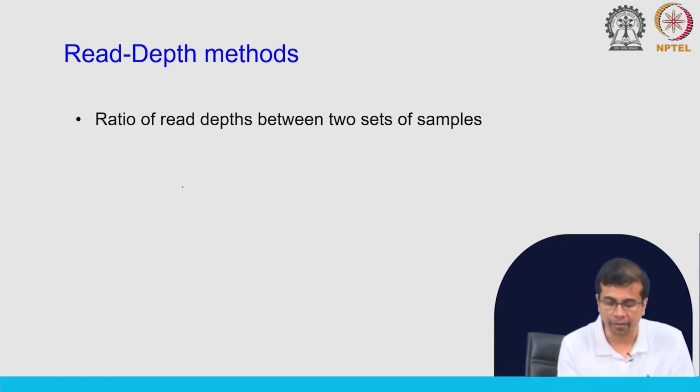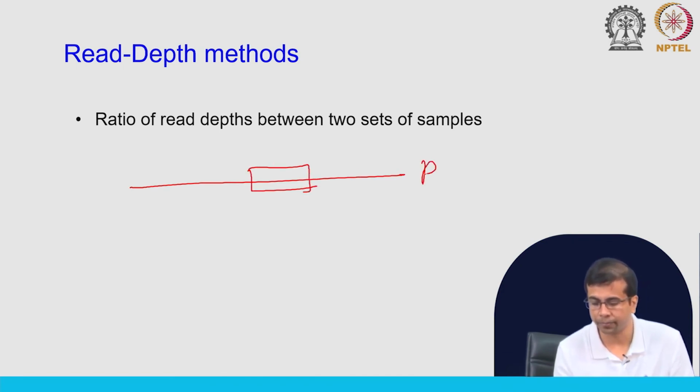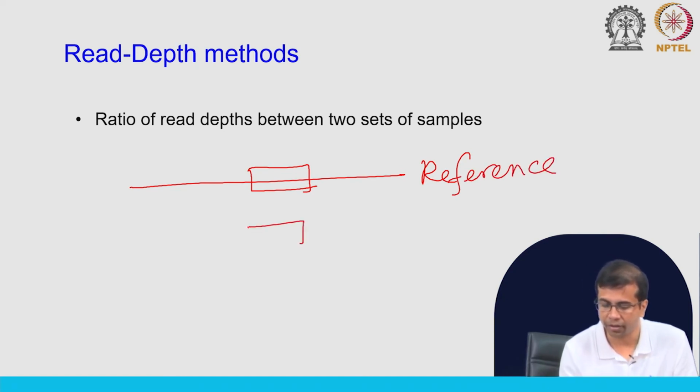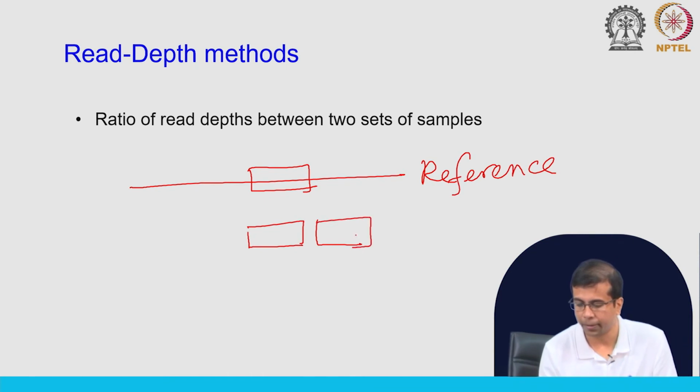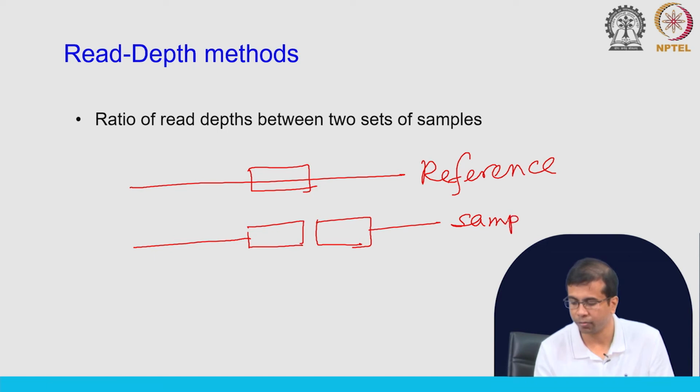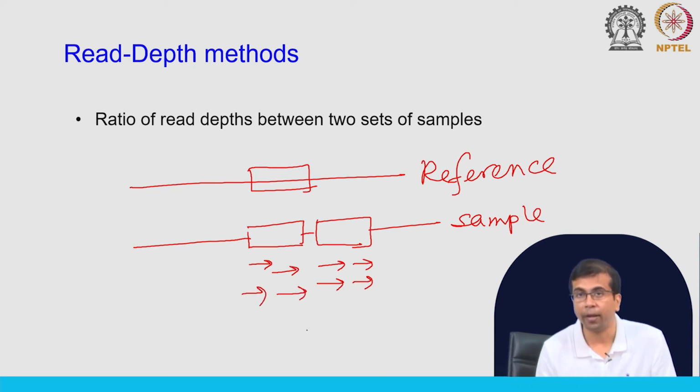You can take a very simple example of this. Let us say we have this region in the reference and this region is duplicated in the sample. So, we have two copies of this region in the sample. Now, when you sequence this sample, we will get reads coming from these regions, and when you do the mapping, all these reads together will map to this location in the reference genome.